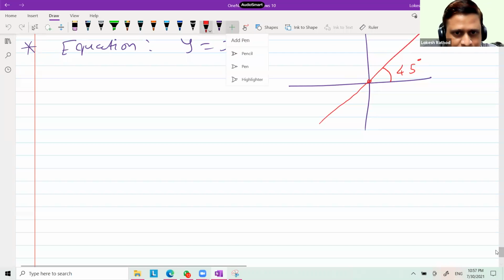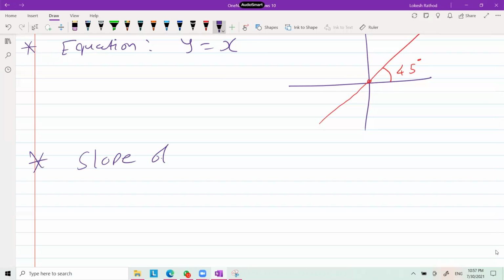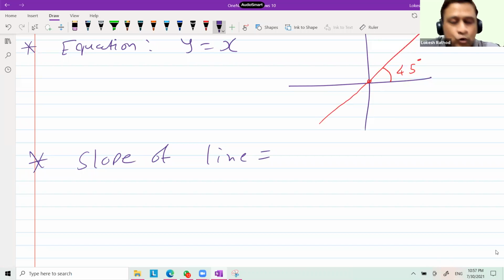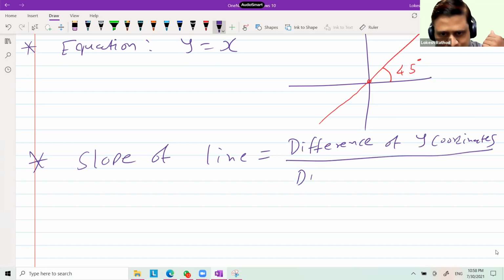Slope of line is given by this formula: change in y coordinate divided by change in x coordinate, or difference of y coordinate of 2 points over difference of x coordinate.